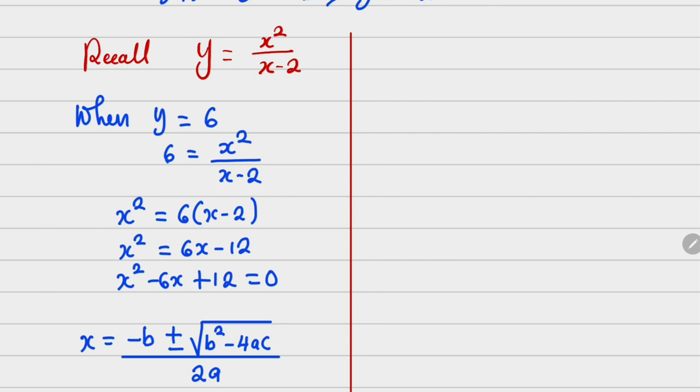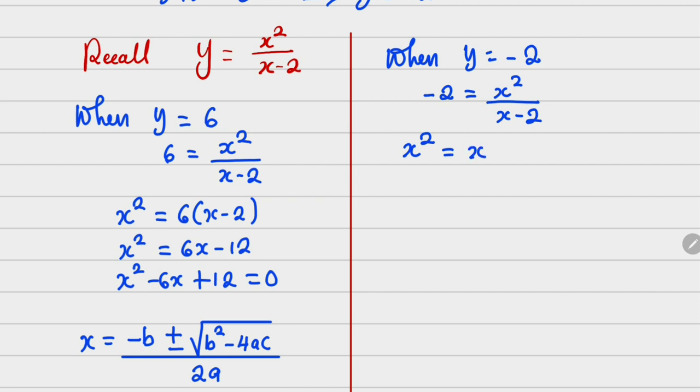Now, what about when we have y is equal to minus 2? So I'm going to have minus 2 is equal to x squared all over x minus 2. When we cross multiply, we have x squared is equal to minus 2 into x minus 2.